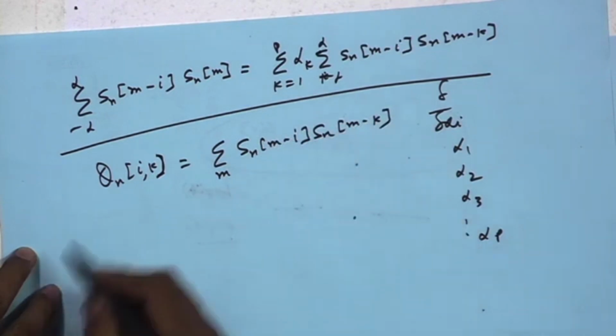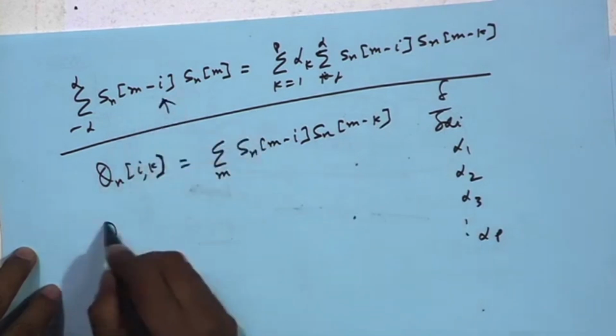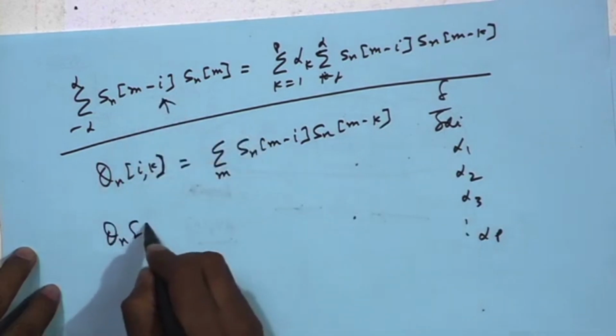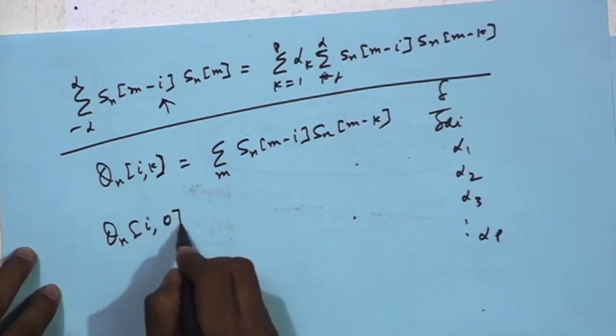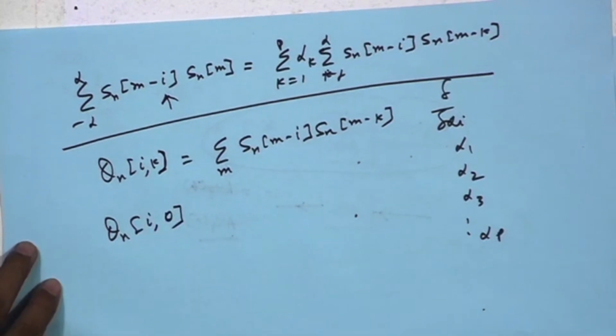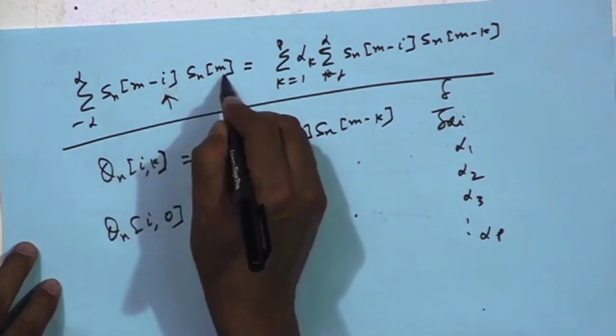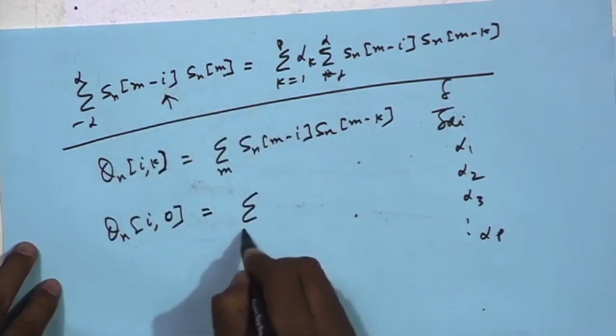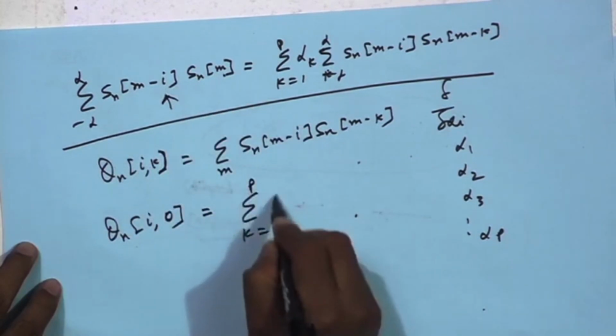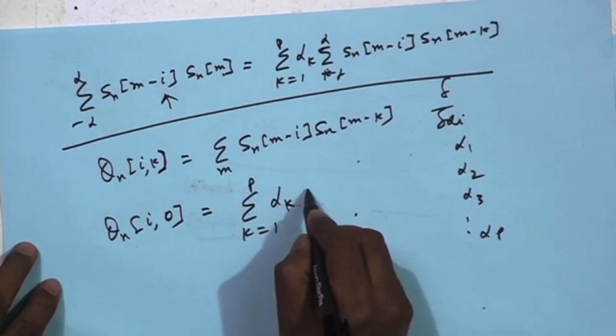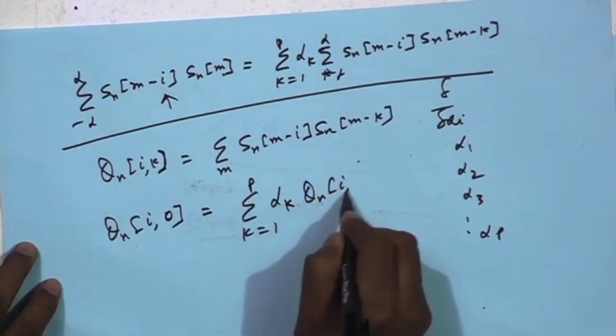If this is like this, then this is nothing but phi n I with k is 0, equal to the sum over k equal to 1 to p of alpha k phi n I k.